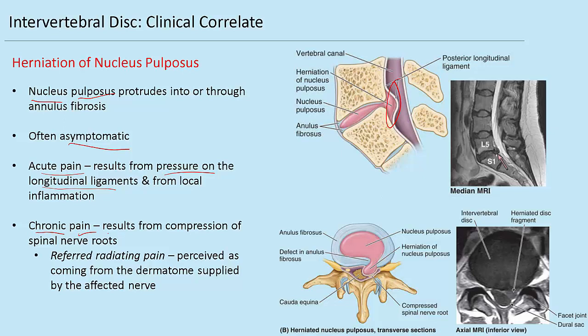A lot of times this pain might radiate outwards towards the dermis, so you might think about the dermatome of the area that's being supplied, because it may not be the skin itself, it might be that underlying nerve that's referred pain out towards that area. So referred pain, if you guys recall, is where you feel pain in one area, but it's actually occurring somewhere else. And this is a very common thing that we'll see throughout the clinics and throughout anatomy.